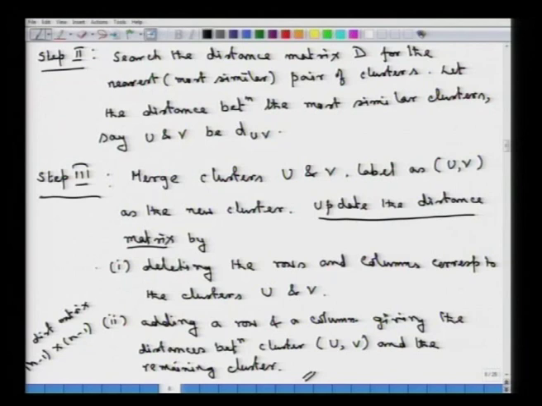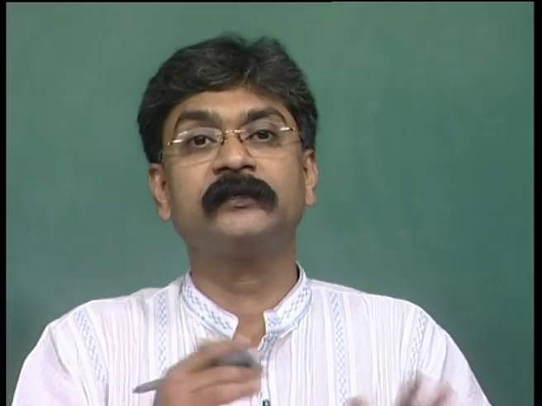Now, the step where we delete rows and columns is trivial of course, but when we look at the step where we add a row and a column giving the distances between the newly formed cluster and the remaining clusters, how is this going to be done? Because we would require inter-cluster distances.